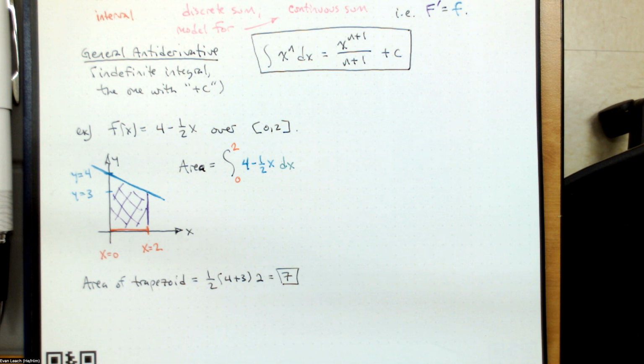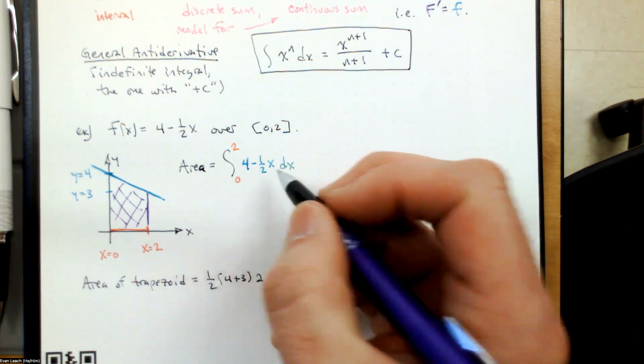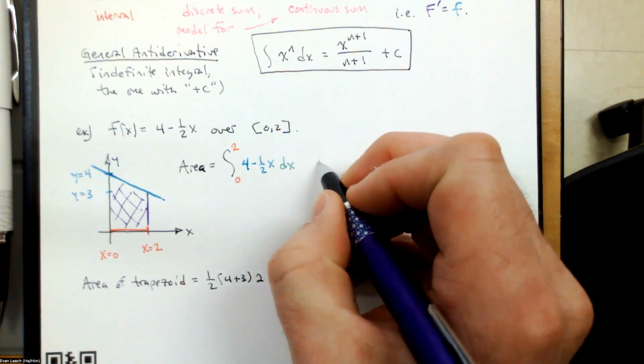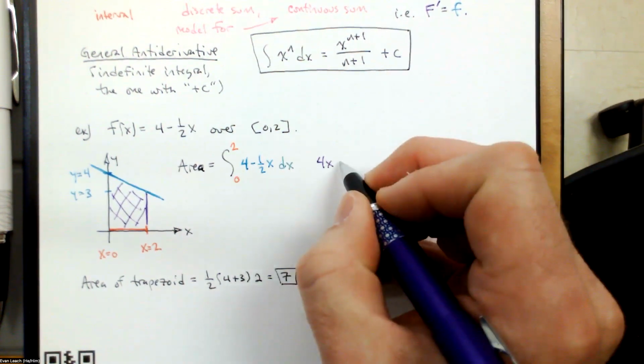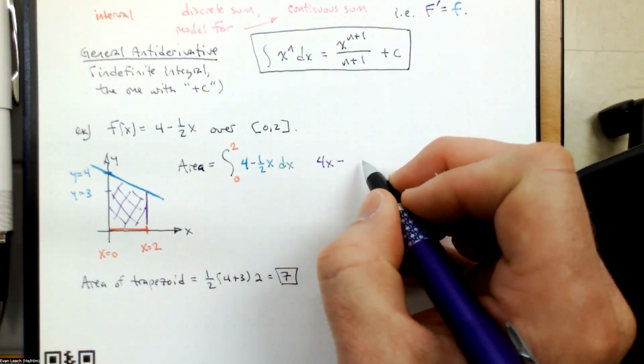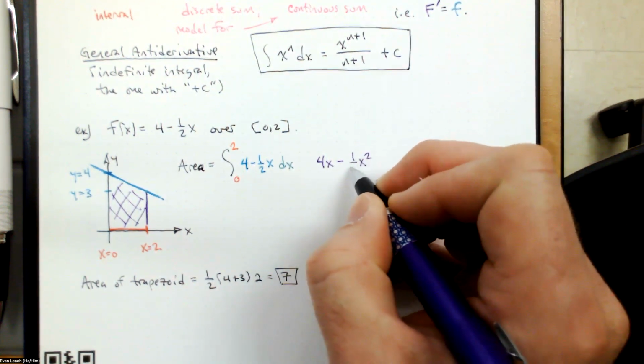Fortunately, the fundamental theorem of calculus comes along and says, find the antiderivative of 4 minus 1/2 x. So add 1 to the exponent and then divide by the new exponent. Take an x, add 1 to the exponent, and divide by the new exponent.